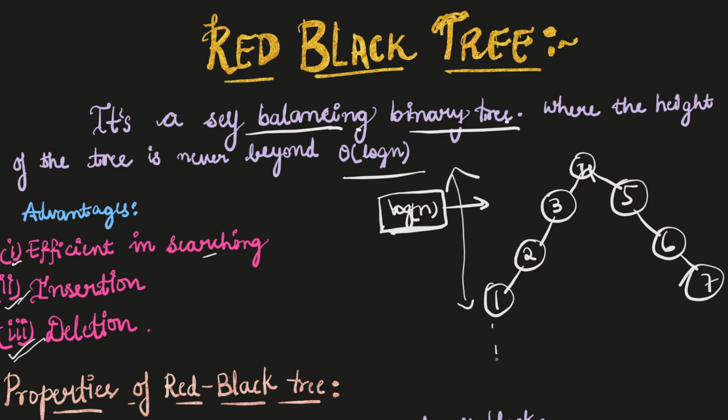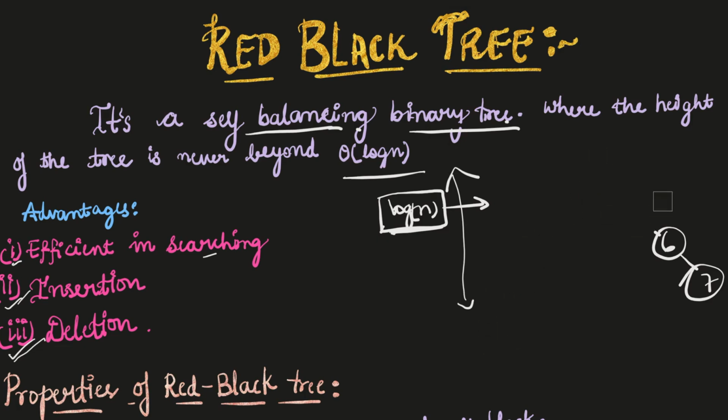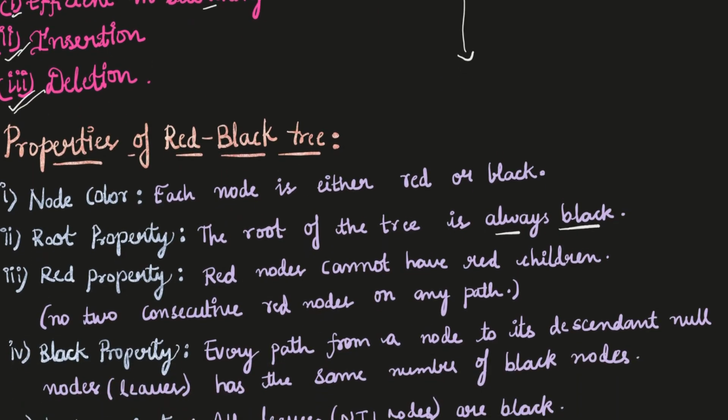If you are having more number of levels, it would become more complex. So that's what it's trying to tell us. Because of the short height, we can easily find an element, or we can easily insert or delete an element. Now coming to the properties of red black tree, there are 5 properties.